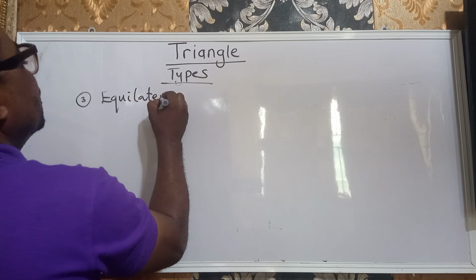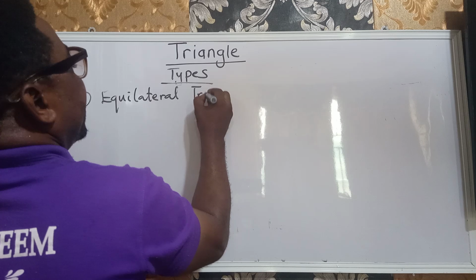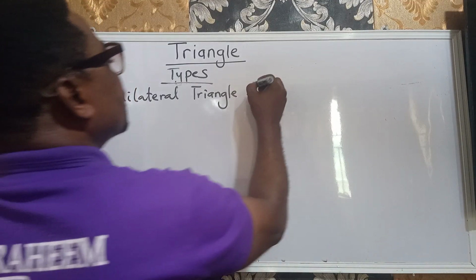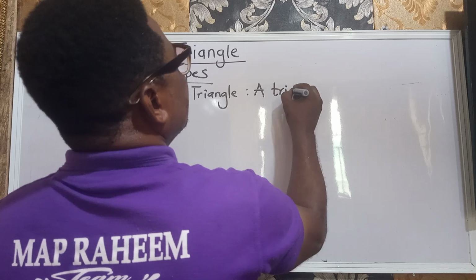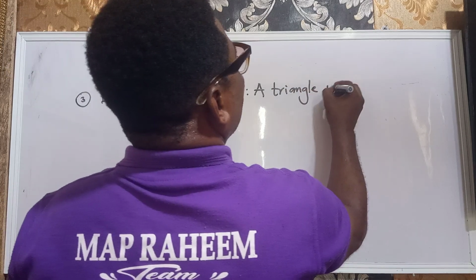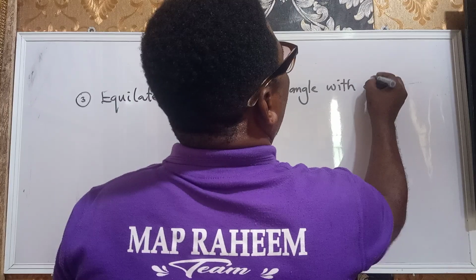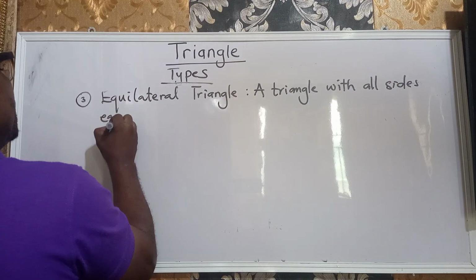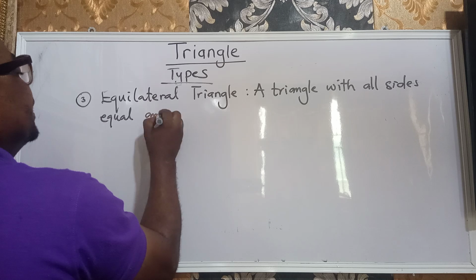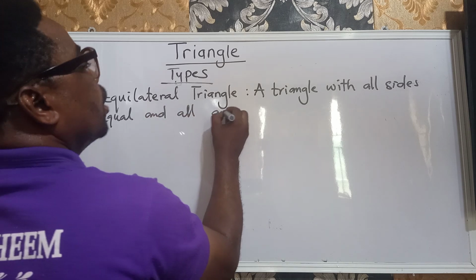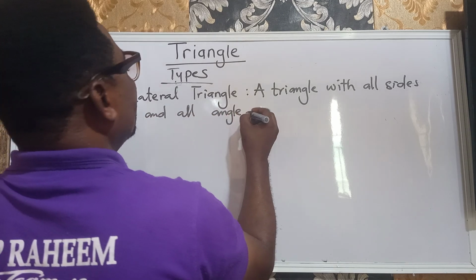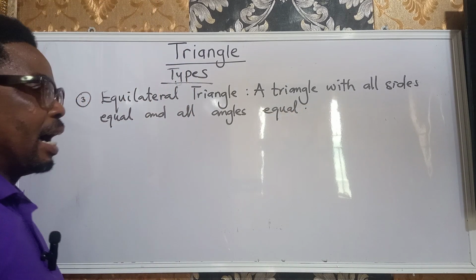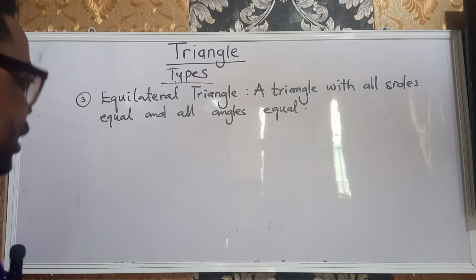Equilateral triangle: a triangle with all sides equal and all angles equal. All the sides are equal and all the angles are equal.